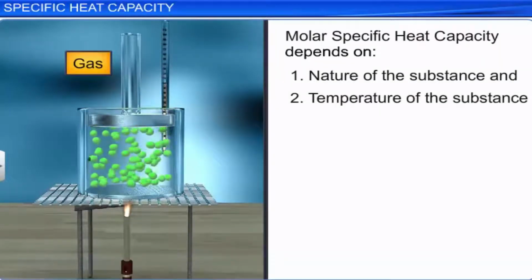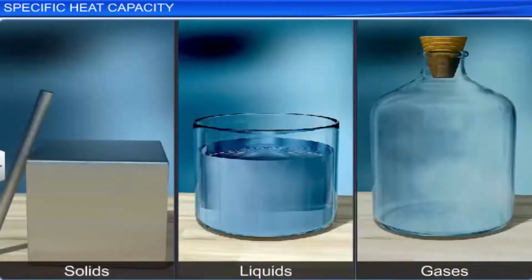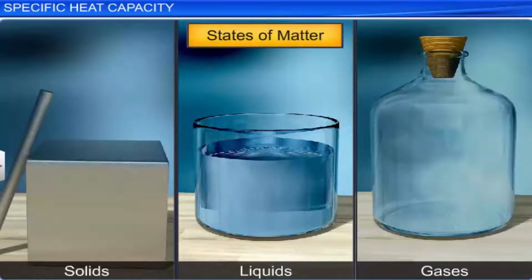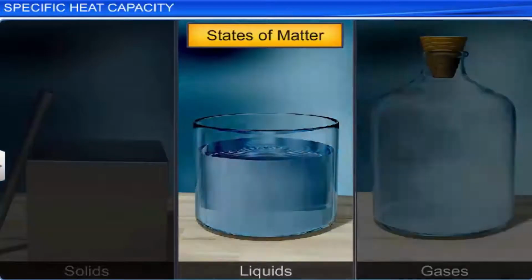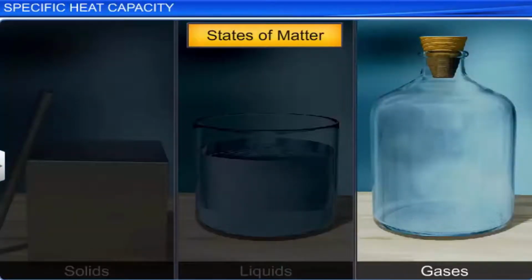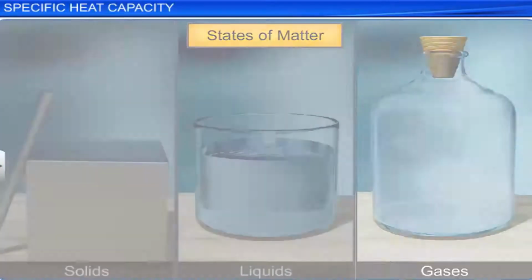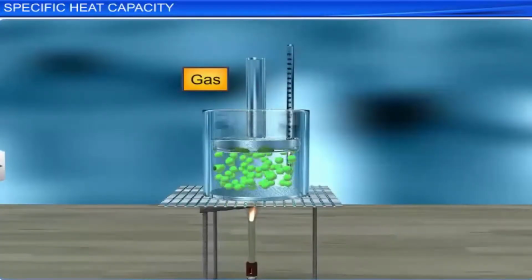The definition of specific heat capacity is applicable for all states of matter, namely solids, liquids, and gases. But for gases, the heat required to raise the temperature depends on the process involved.